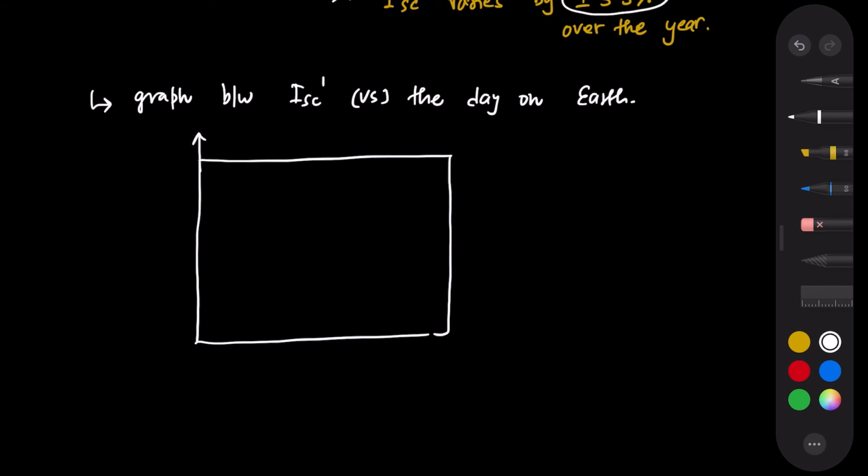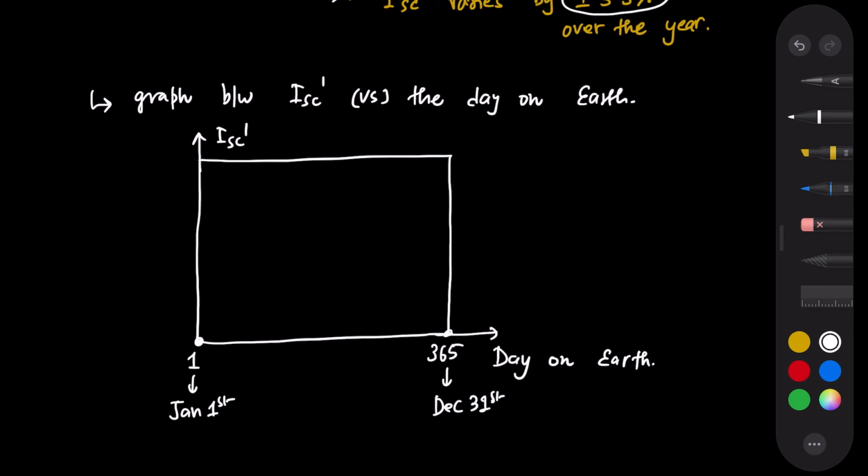So this axis is ISC dash and this axis is the day on earth. So this is 1 and this represents January 1st, and this is 365. This is December 31st.